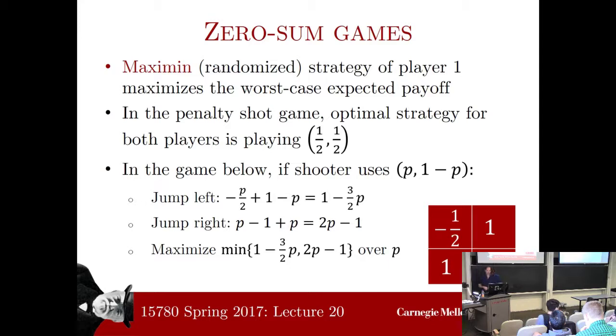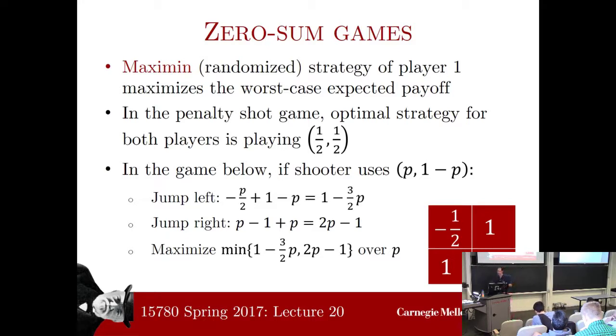If you think about a penalty shot game, it's very intuitive that the optimal strategy for both players is playing 1/2, 1/2. Because if, for example, you decide to give higher weight to left than right, then the goalie will jump left, and then will be able to exploit you. So you want to play 1/2, 1/2. That's the maximin strategy for player 1, the minimax strategy for player 2.